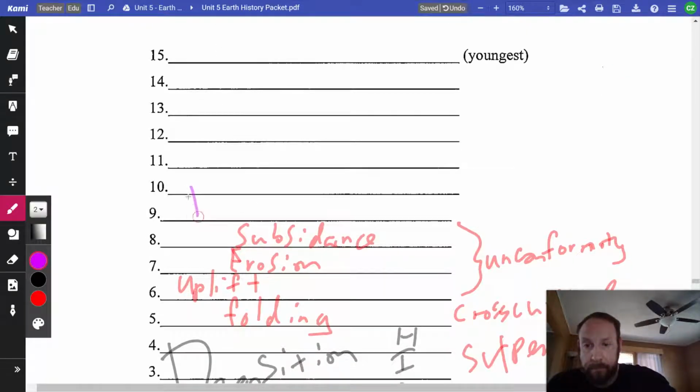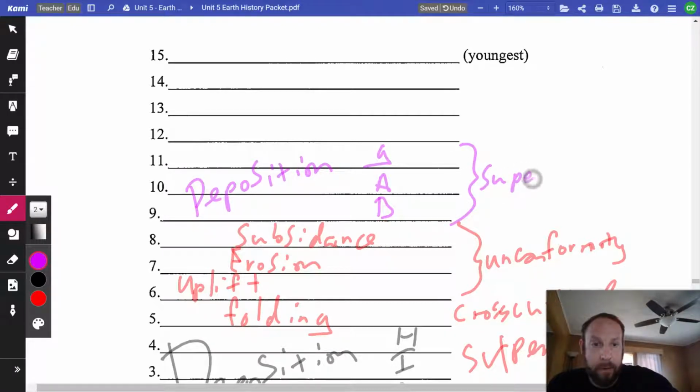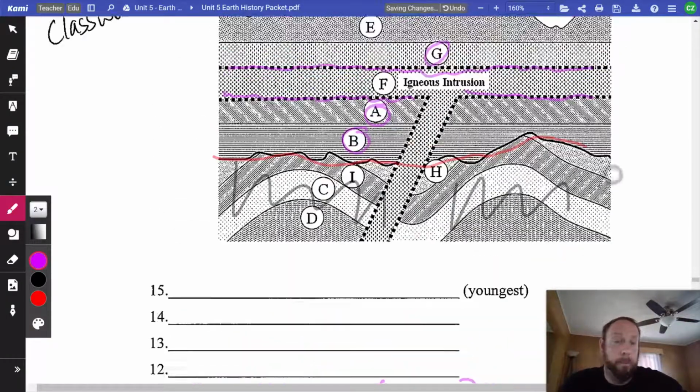So B, A, and G. That's superposition. Now, it's up to you.